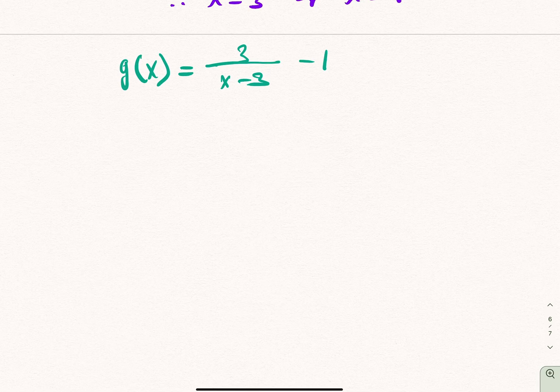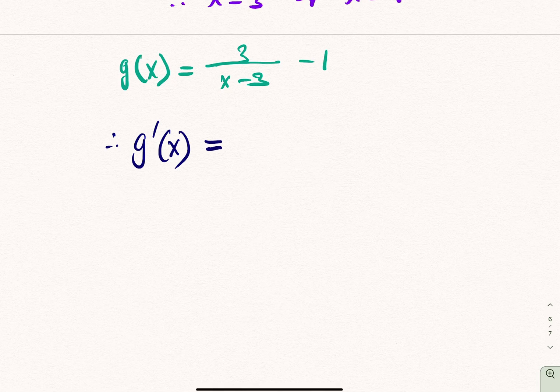You can use your rules of derivatives, or you can use first principle to derive this one. All right. So I'm going to use rules of derivatives to get the g prime at x. You need to be very careful, students.